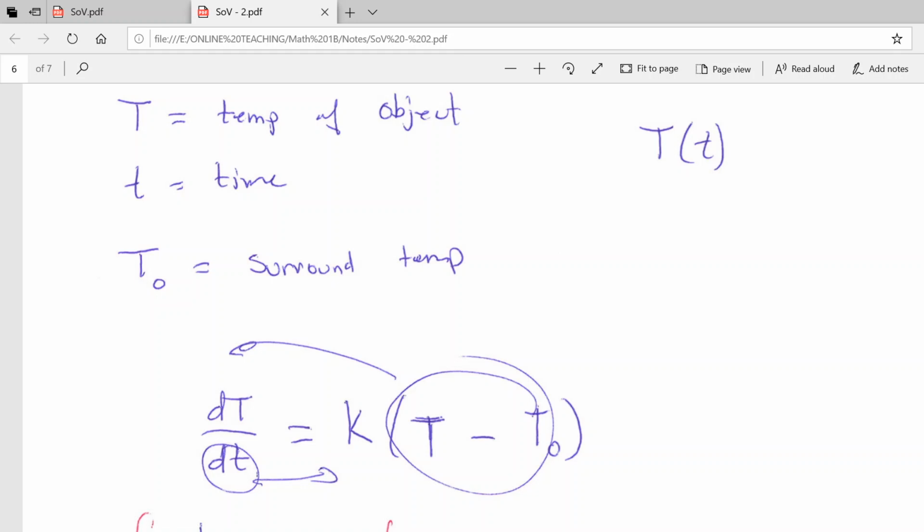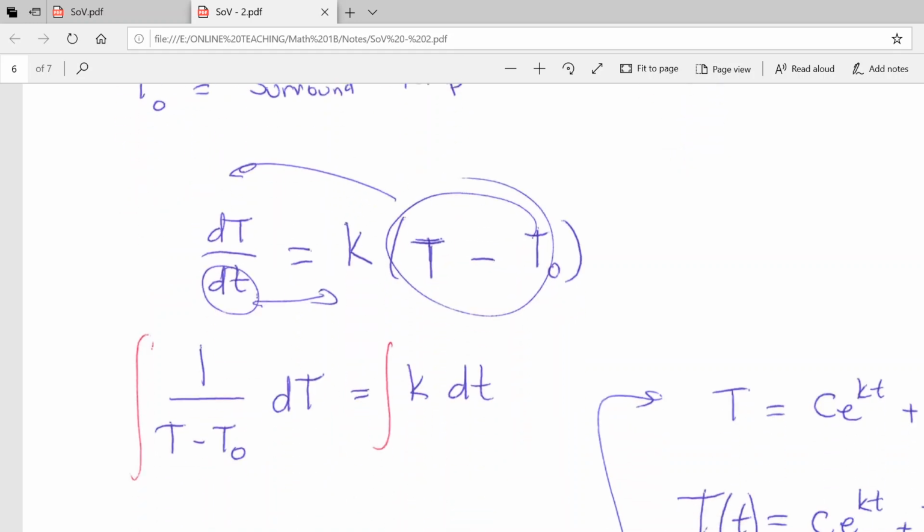Because remember, I'm going to solve for T in the end, and if I move it over here, I'm just going to have to move it back in the end. When I integrate this, I get the ln absolute value of T minus T naught. This gives me kt plus c. Notice I'm not writing the plus c1 and c2 anymore, that we always move over here, and we just have one constant.